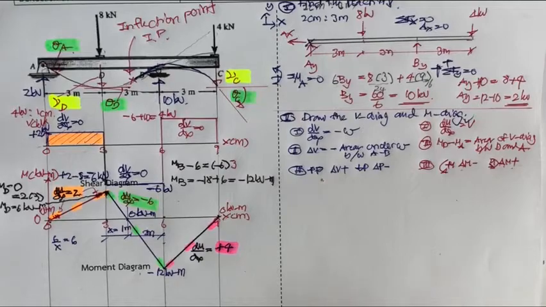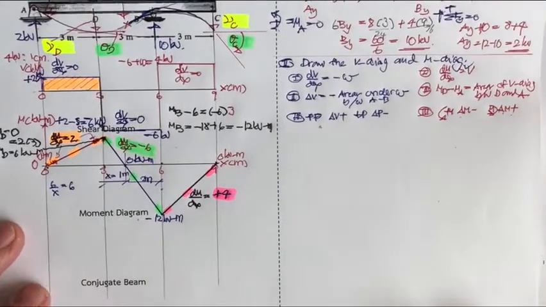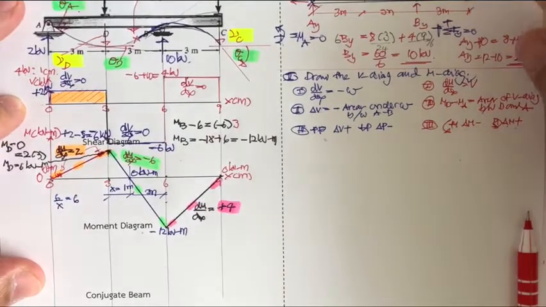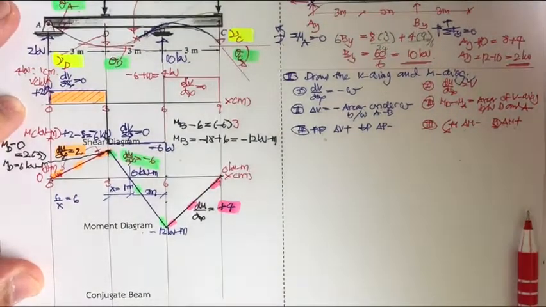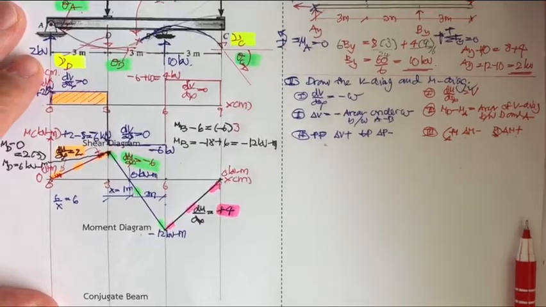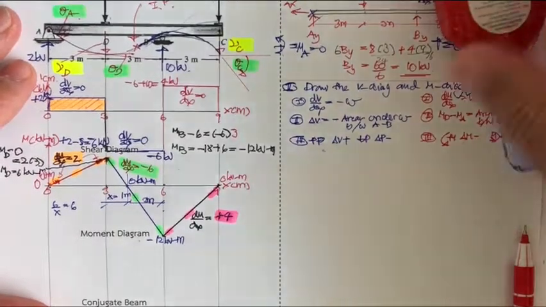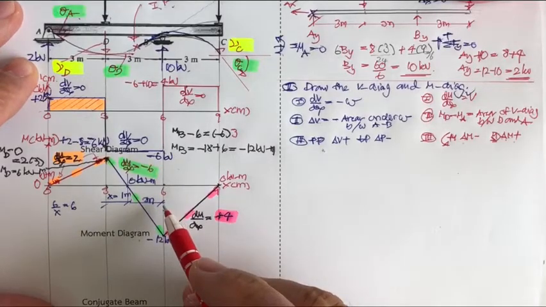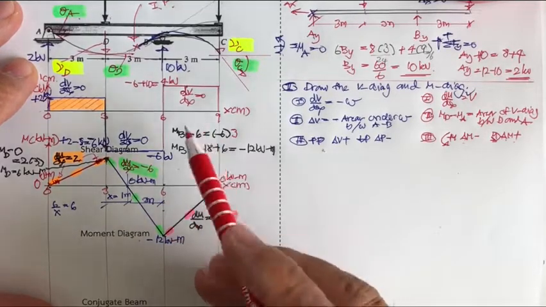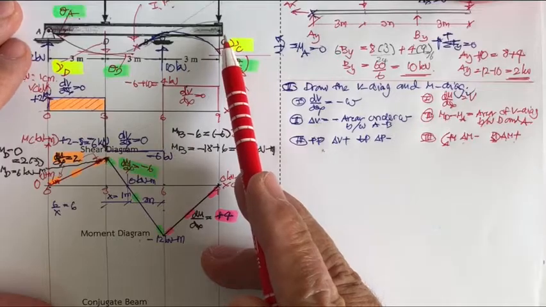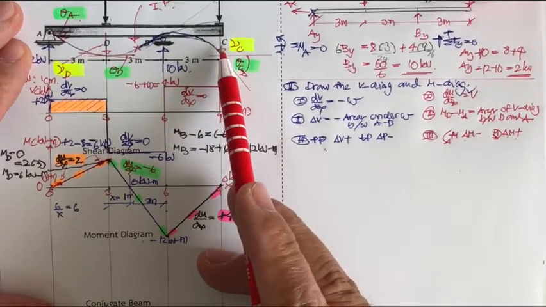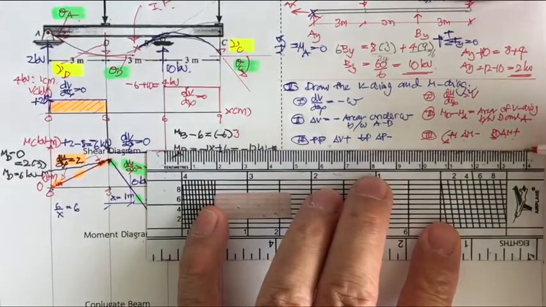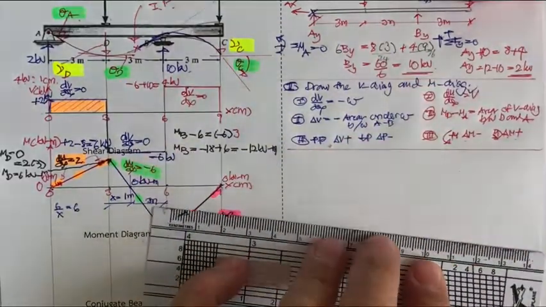And now we are moving to the next step. We're going to draw the conjugate beam. Okay, to draw the conjugate beam, again, you have to change the moment into the elastic weight, and change the supports of the real beam into those of the conjugate beam. So let me take this second part, 1, 2, and 3.